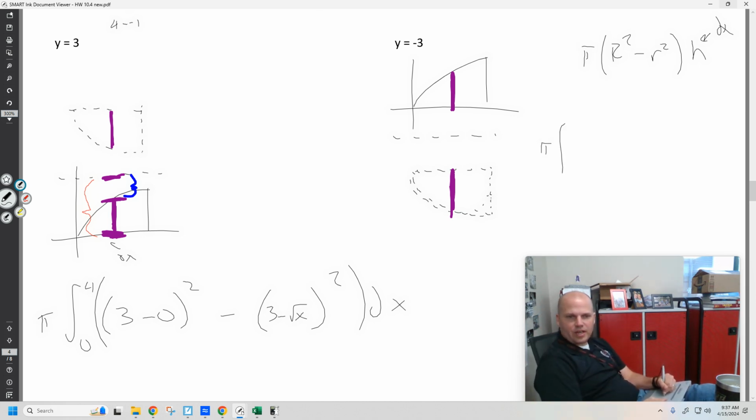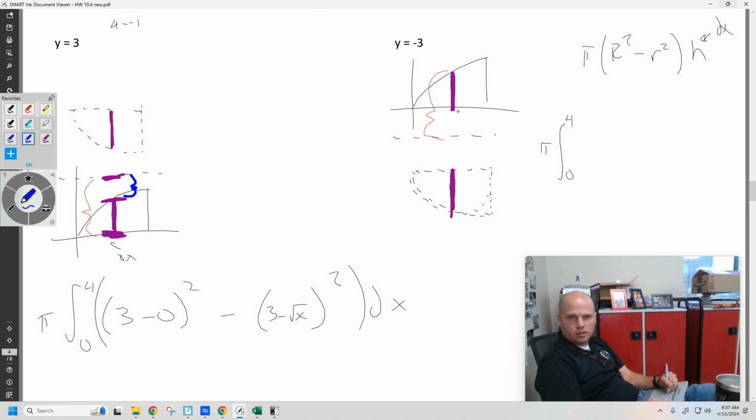We will sum this up from x equals left to x equals right. Here are the outer radiuses. Here are the inner radiuses. I'm not going to go off of the bottom. I don't know the equations. This is y equals -3. This is y equals root x.